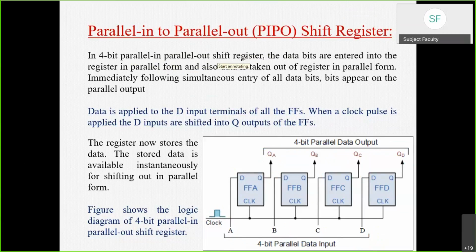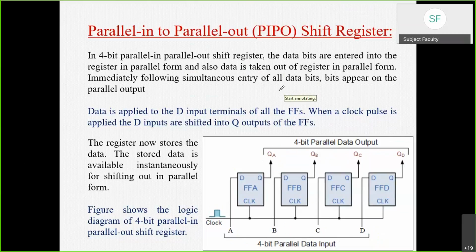In a 4-bit parallel in, parallel out shift register, the data bits are entered into the register in parallel form, and data is also taken out of the register in parallel form. Immediately following simultaneous entry, all data bits appear on the parallel output.